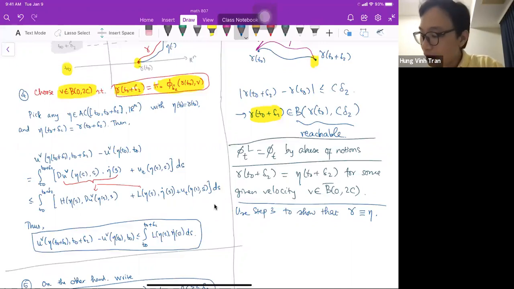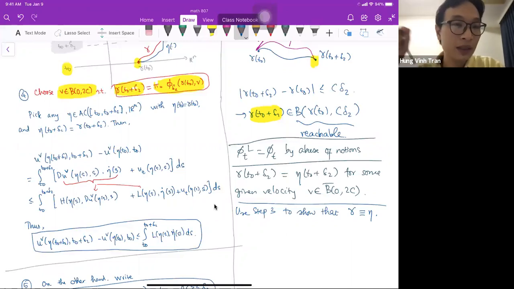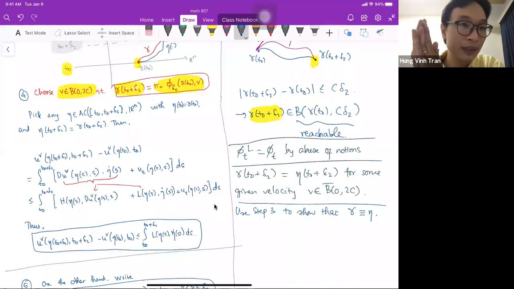This is good because gamma is a minimizer that we start with, right? But eta is the Lagrangian flow, and eta is nice, right? It's C^k. So if they agree here, then we're going to be able to conclude that gamma is C^k locally and hence globally. So that's the idea.